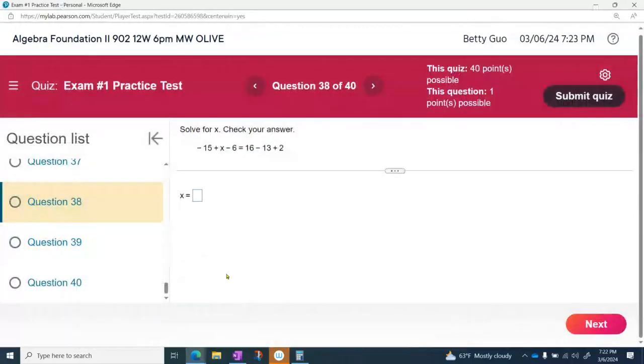Solve this problem, please. Simplify each side of the equation first. Obviously, the left side can be simplified. You can combine negative 15 and negative 6. Same with the right side. What is 16 minus 13 plus 2?